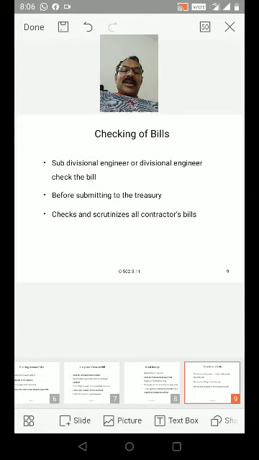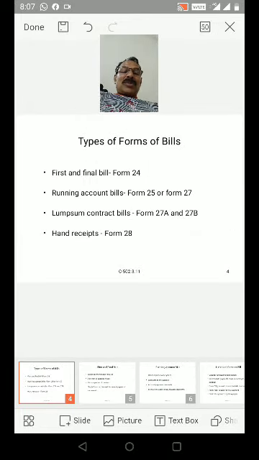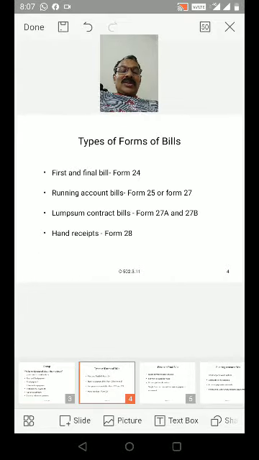So the checking of bills is done by the deputy executive engineer, who is a subdivisional engineer, and the executive engineer, who is a divisional engineer. They must scrutinize all contractor bills before submitting to the treasury. That is checking of bills. First, we discussed types of forms of bills.